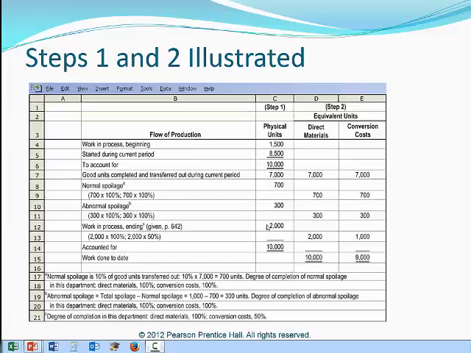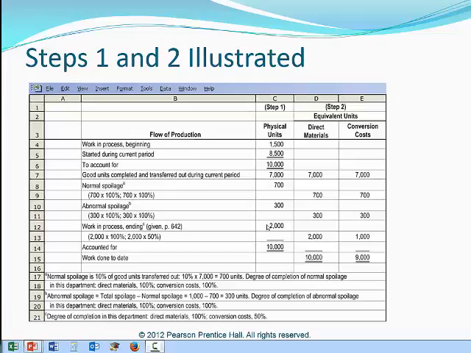So we had 1,000 as to actual spoilage. We calculated out our expected normal spoilage of 700. 1,000 minus 700 leaves us with 300 abnormal spoilage. Abnormal spoilage also received 100% as to direct materials and 100% as to conversion costs. Therefore, 300 times 100% equals 300 equivalent units as to direct materials and as to conversion cost.